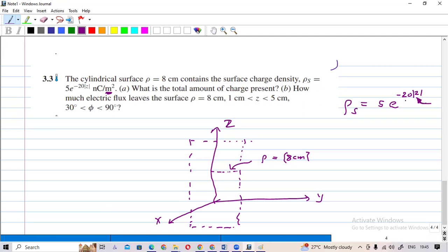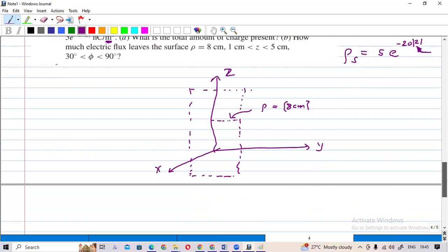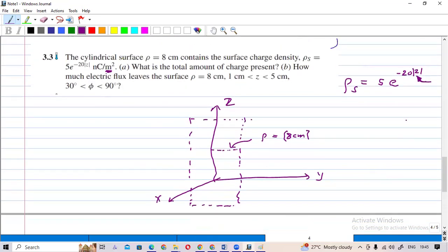Let's see whether we can do the integration or not. Anyway, we will try to understand the concept at least. Let's see what happened. So it is 5E minus 2 magnitude of Z.